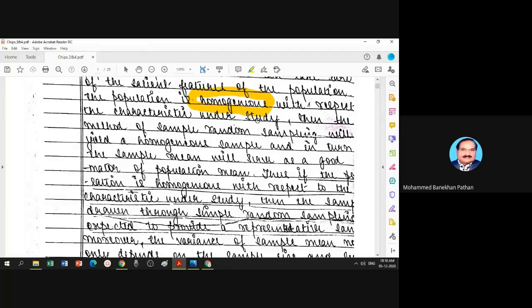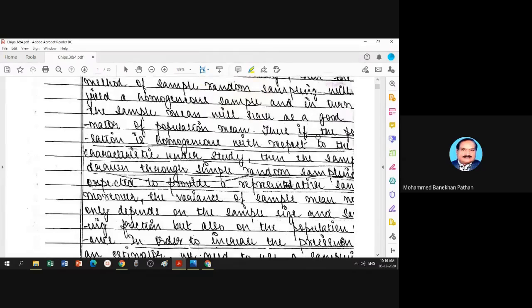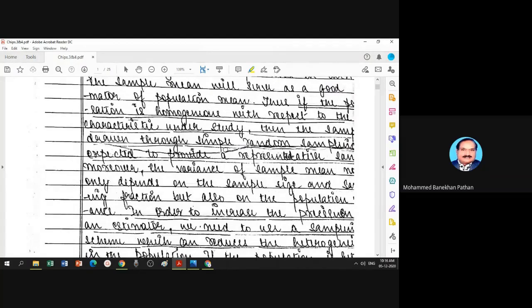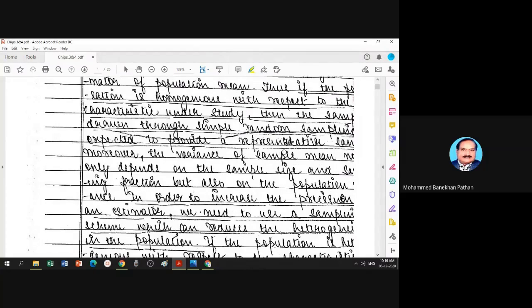That type of population is treated as homogeneous. So we prefer simple random sampling if the population is homogeneous. Thus, if the population is homogeneous with respect to the characteristic under study, then simple random sampling provides a good estimate for the population characteristics.